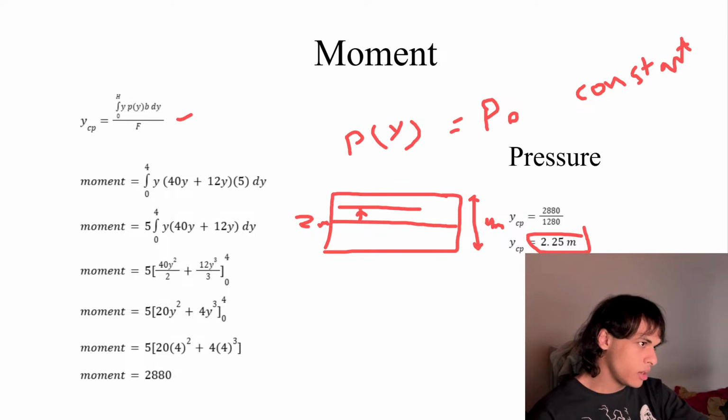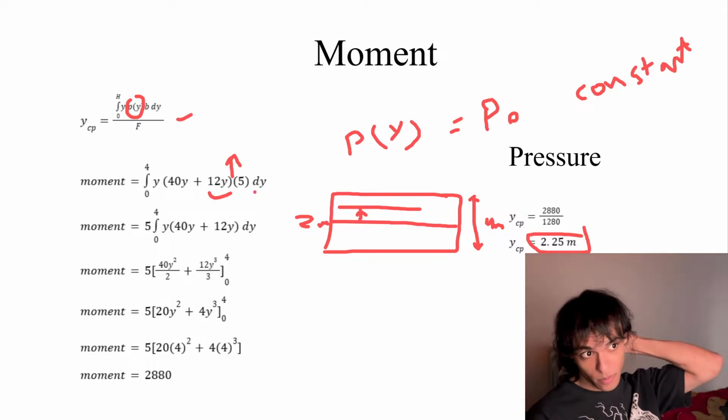In the current case, the pressure increases with height, going up with the height, plus 12y.